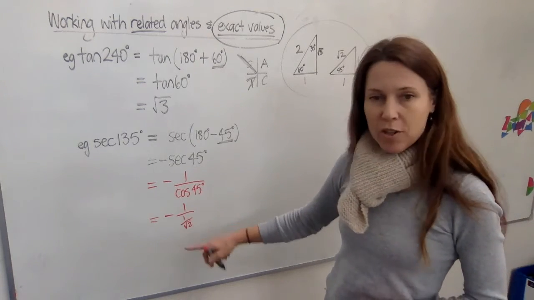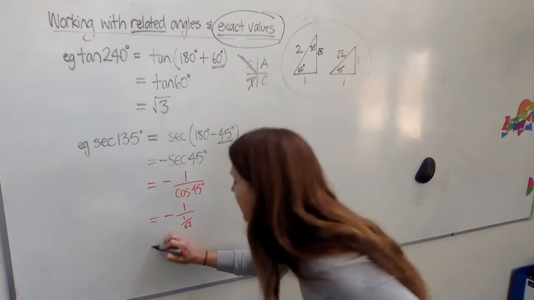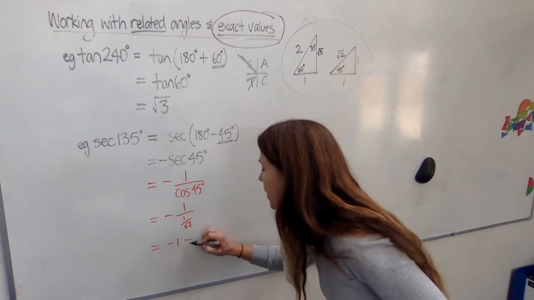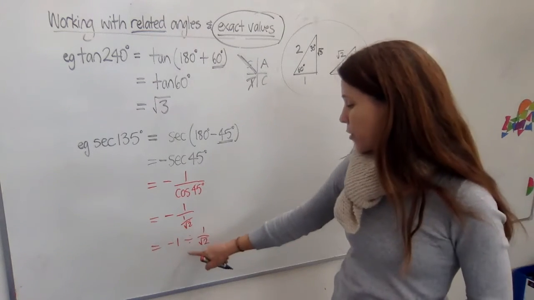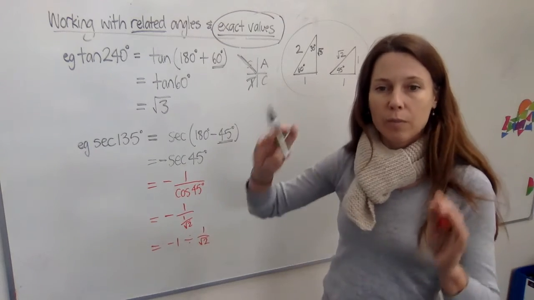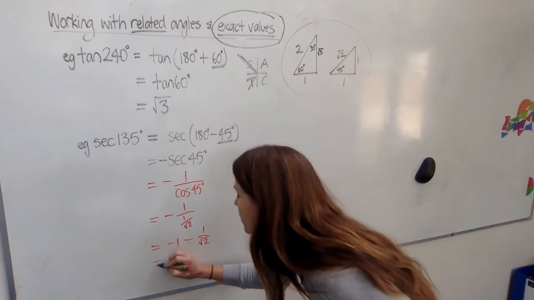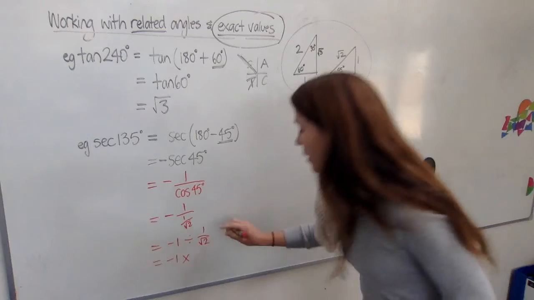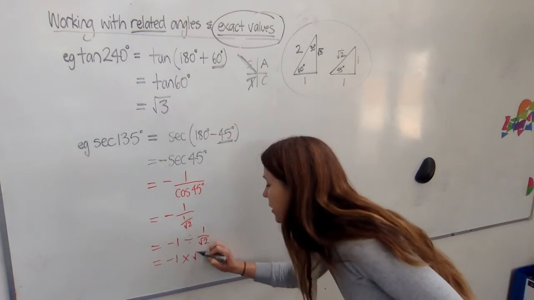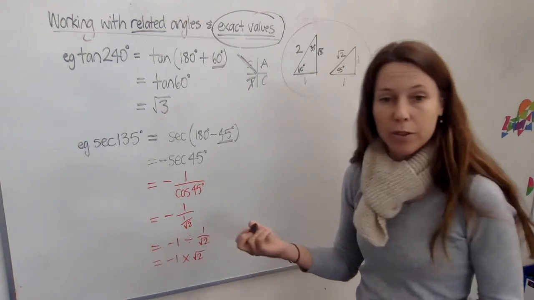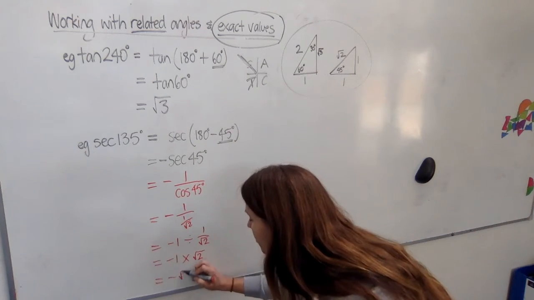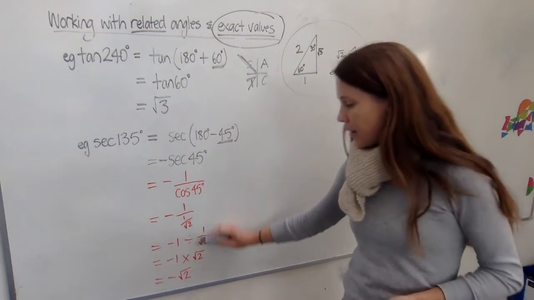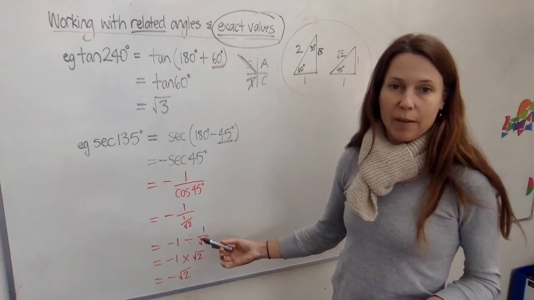If you have that situation and you get all confused, write it out like this, minus 1 divided by 1 over root 2, and then recall that when you're dividing by a fraction, you times and flip. So that changes to minus 1 times, flip that upside down and you get root 2 over 1, let's just call it root 2. And that gives you minus 1 times root 2, which is minus root 2. Okay, now a little bit of a process there, but we got there.